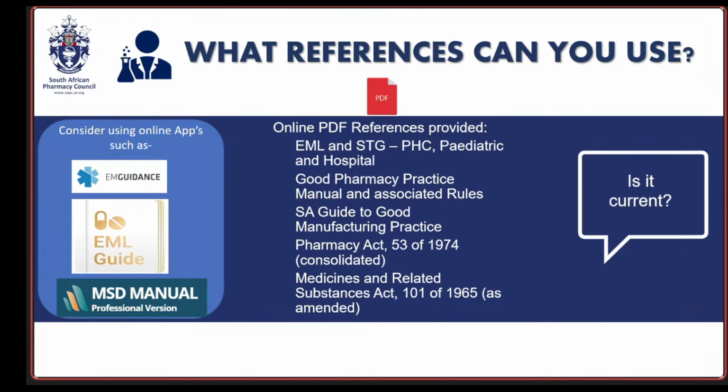Online references are provided when you do your exam; you will see that there is a prompt that you can go and look at references online. Other references that you can consider is the EM guidance. What is important to know about the EM guidance is that they update the app regularly. So this is the latest information that is on the app.